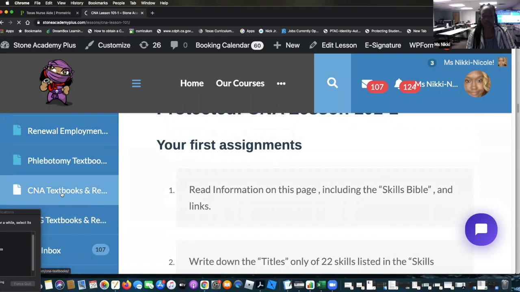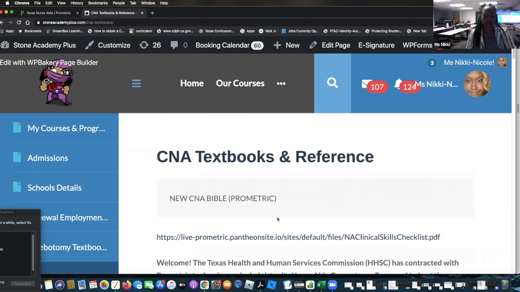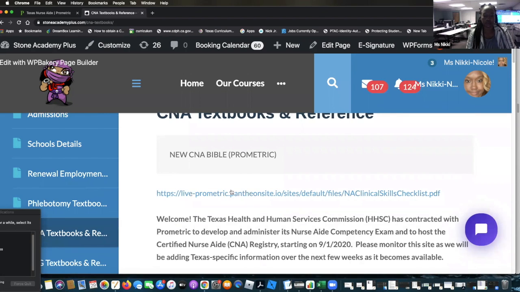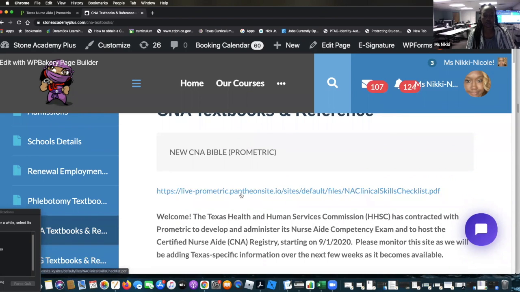Come over here to CNA textbooks. And you see the CNA Bible Prometric. Oh, it's a Pantheon site. Didn't know that. This is it right here. As a matter of fact, I need to put that in red, so let me just do that right now.